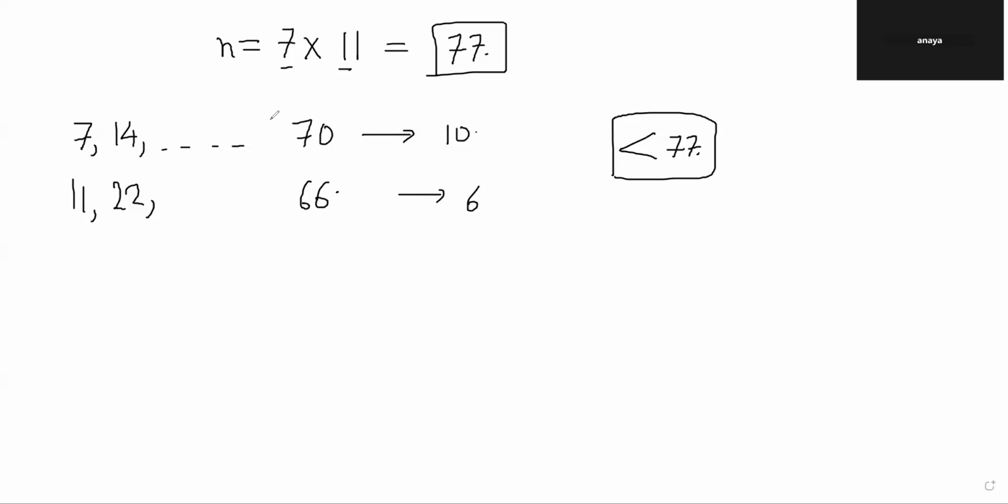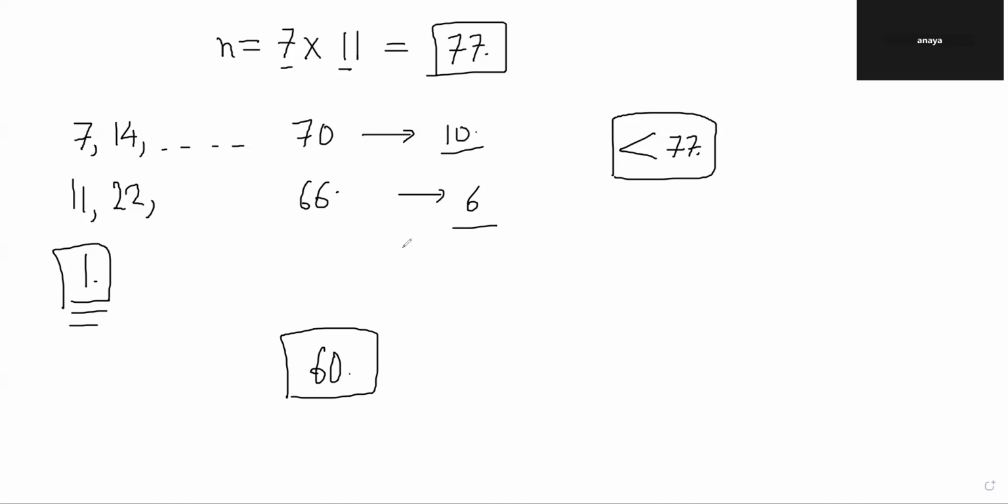And you should exclude 1 also. So you get, I think, 60 numbers. 77 minus 10 minus 6 minus 1.